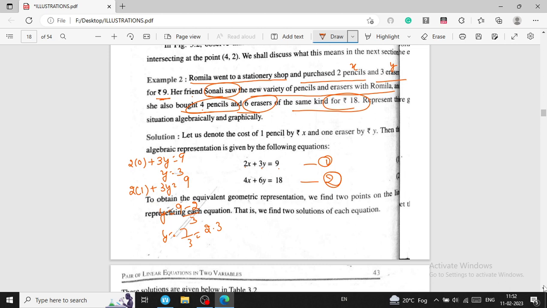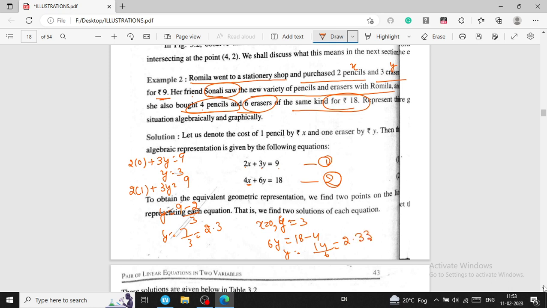Now the second equation: when we put x is equal to 0, then we find y is equal to 3. When we put x as 1, then 4 1s are 4, 6y is equal to 18 minus 4, y is equal to 14 by 6. 6 2s are 12, 6 3s are 18.